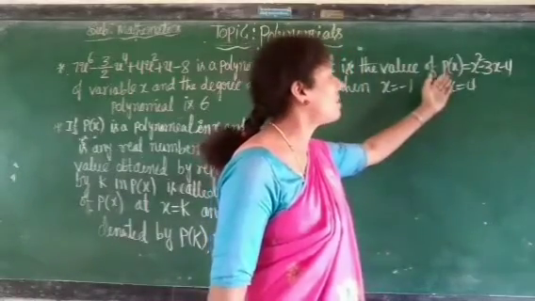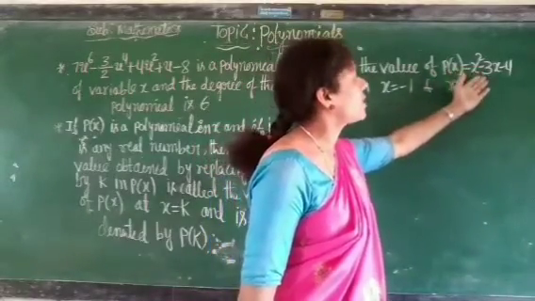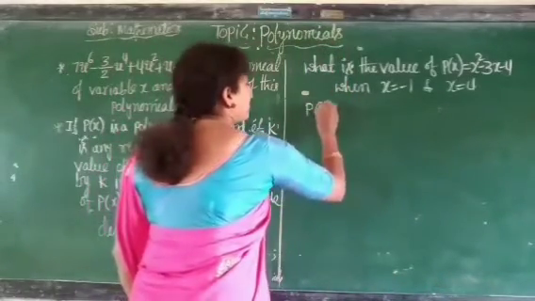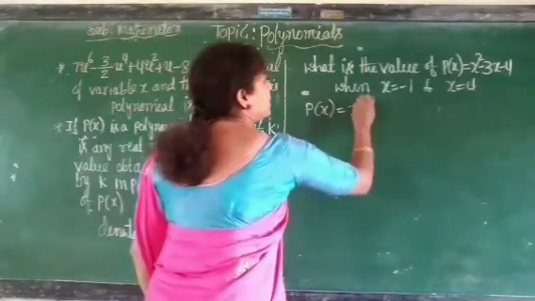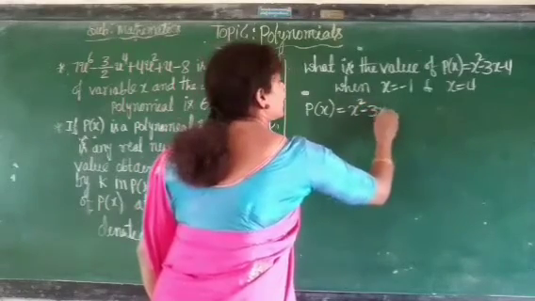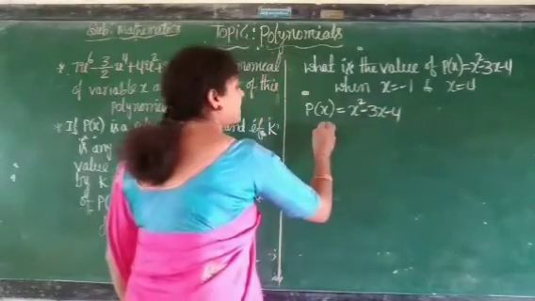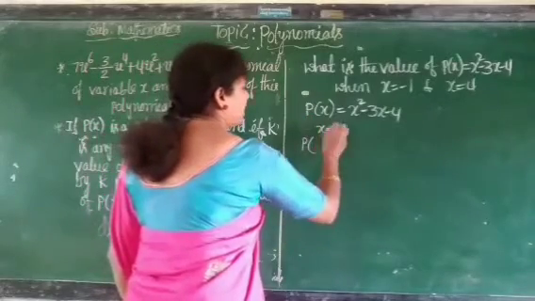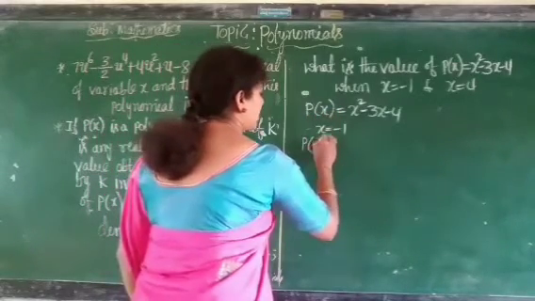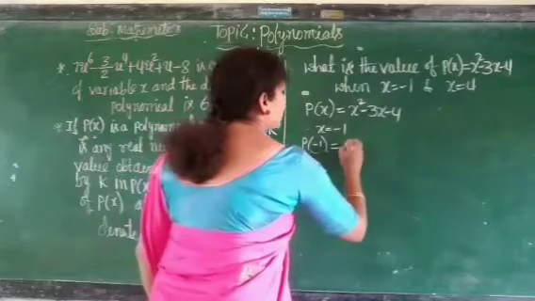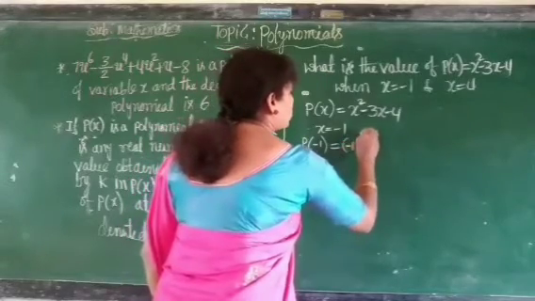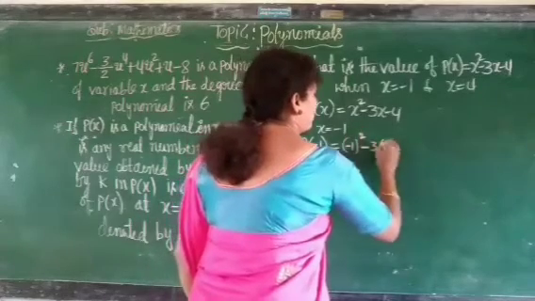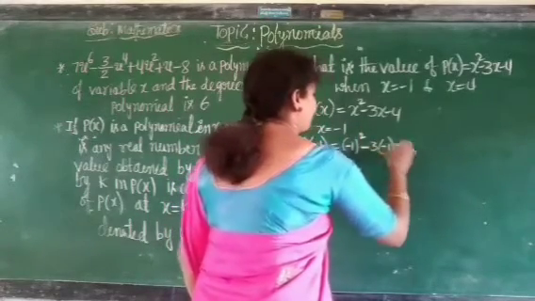The polynomial is p of x is equal to x square minus 3x minus 4. First, p of x is equal to x square minus 3x minus 4. We take x is equal to minus 1. Here substituting x in this place, minus 1, x square means minus 1 whole square minus 3 into minus 1 minus 4.